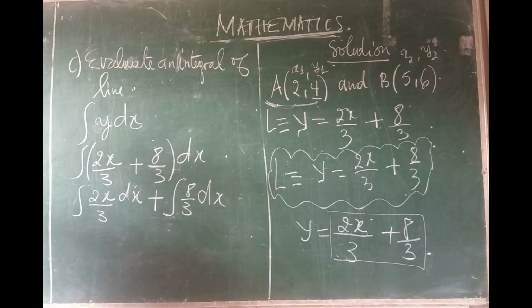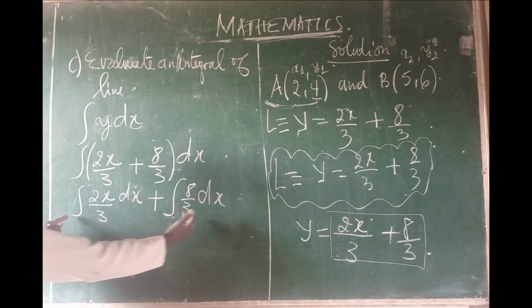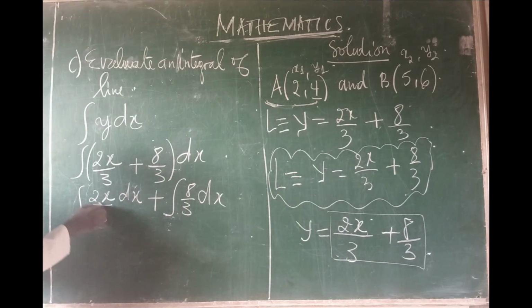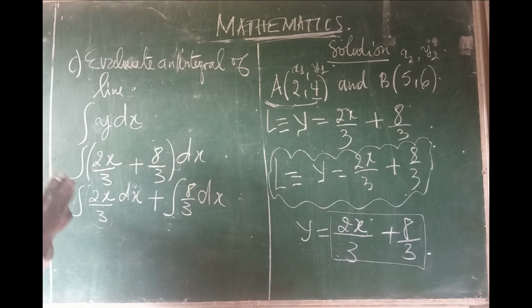Are we together? So now, in order to make this equation very easy, we are just going to take this coefficient and put it out of the integral symbol, and this question will be very easy.